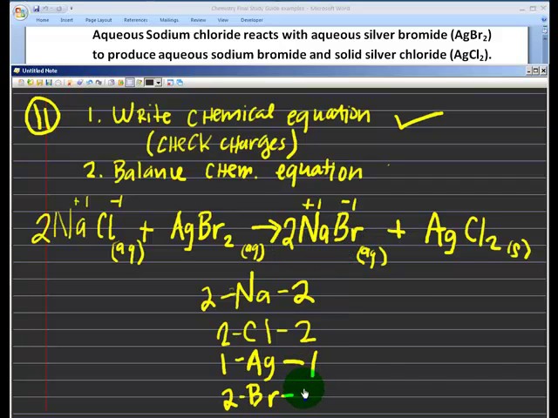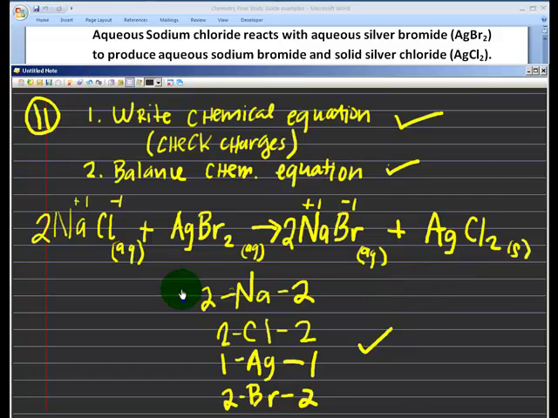I have 2 bromines on my product side. So that checks. And now I have my balanced equation. This is your final answer. 2 NaCl aqueous plus AgBr2 yields 2 NaBr aqueous plus AgCl2 solid.